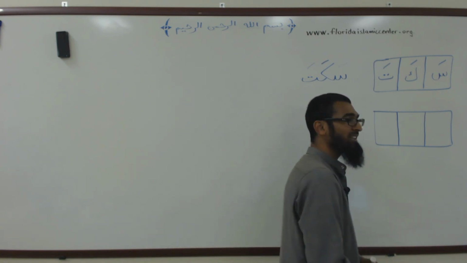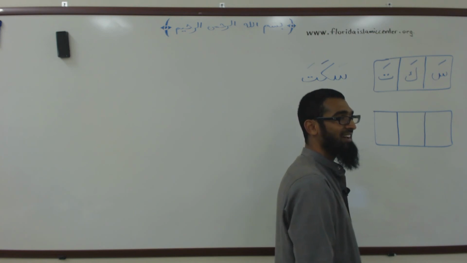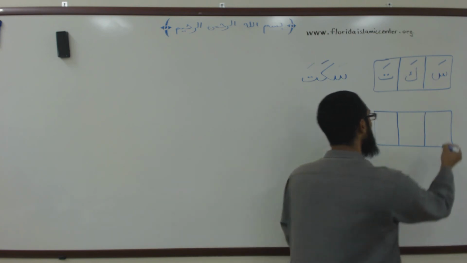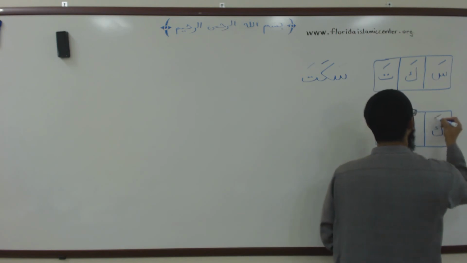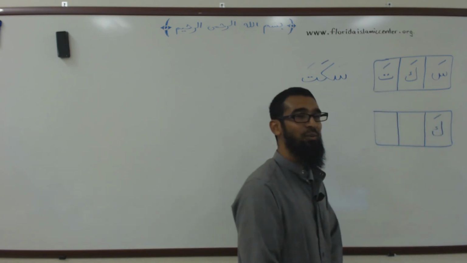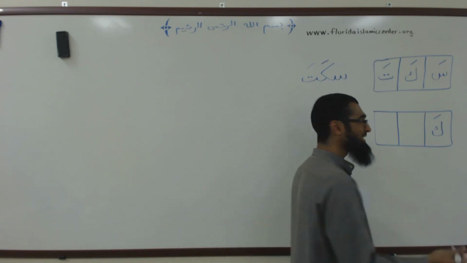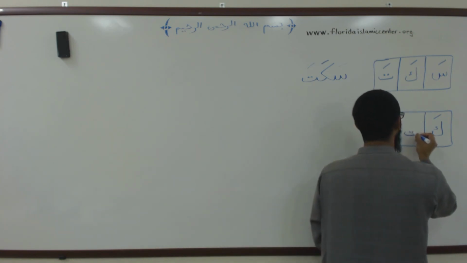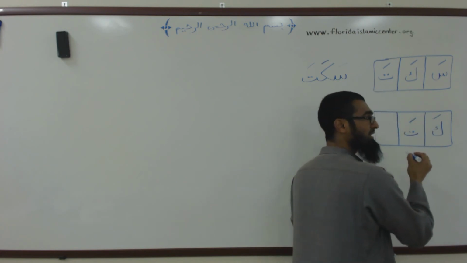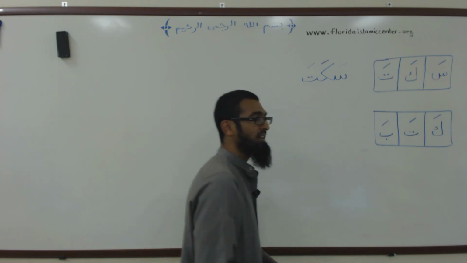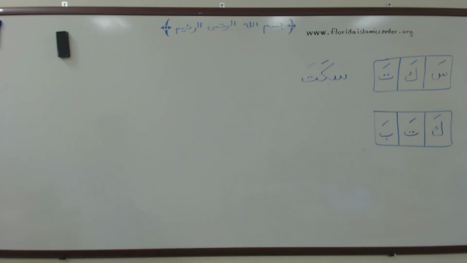So, kataba, what letters do you hear? Is it a qaf or a kaf? Kaf, right? So the first letter is a kaf. Ka. Ta. What letter are you hearing? The letter ta, right? And the third letter is? Ba. Kataba.